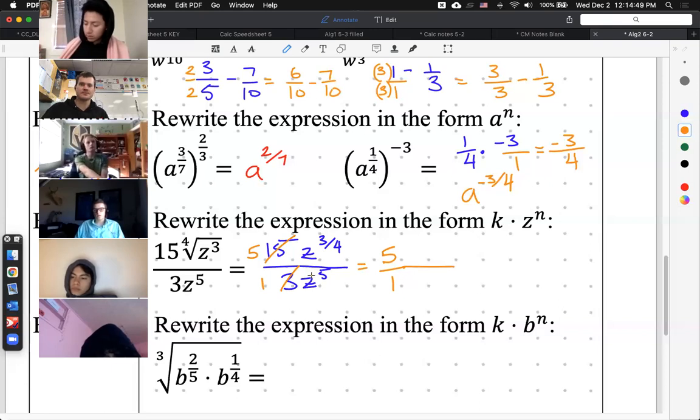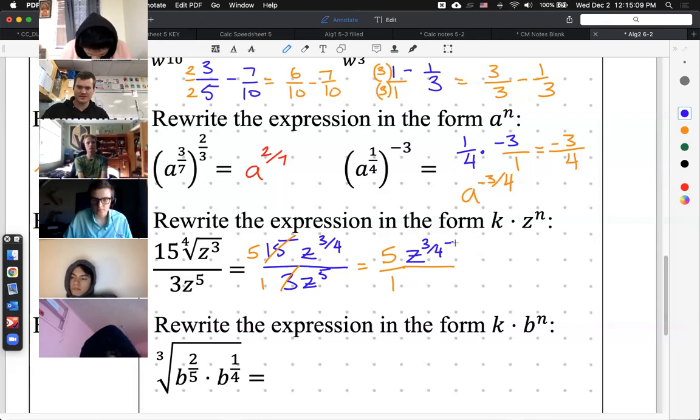When I have the same base and same base, but I'm dividing them, what am I doing with their exponents? You do indeed subtract them. So this will be z to the power of 3/4 minus 5.